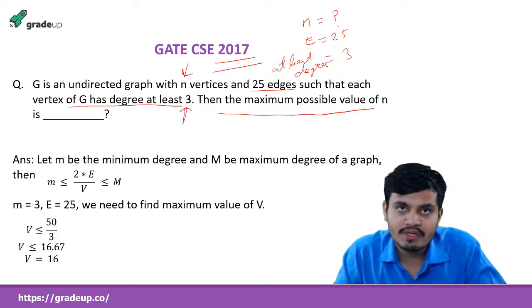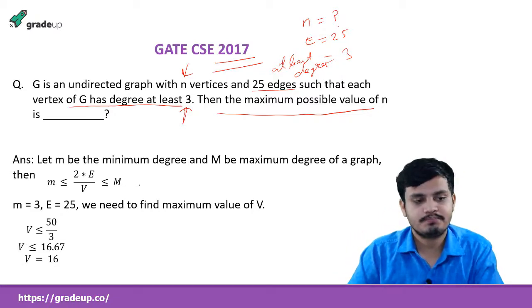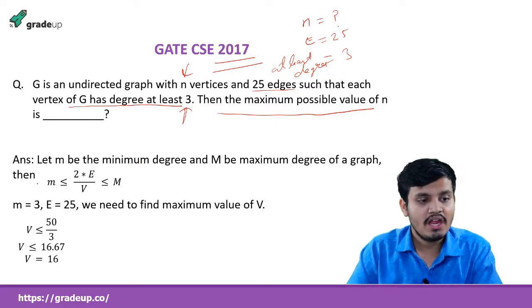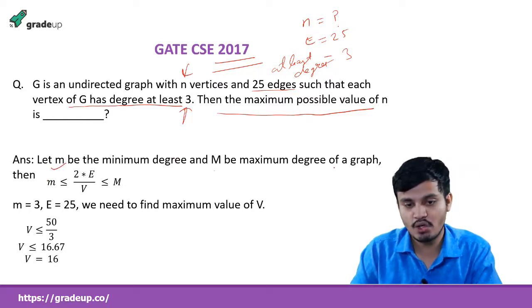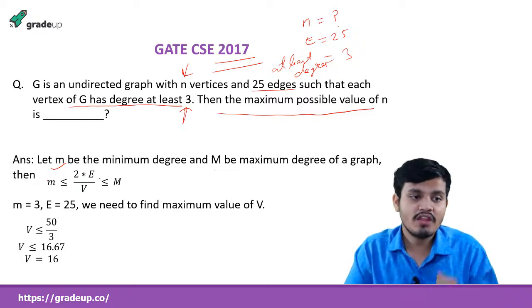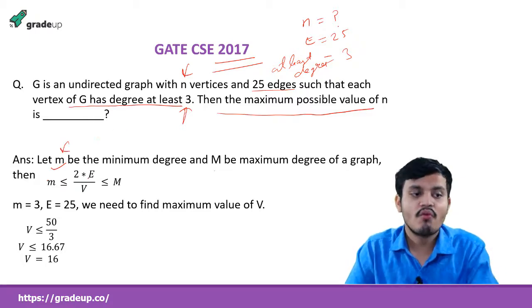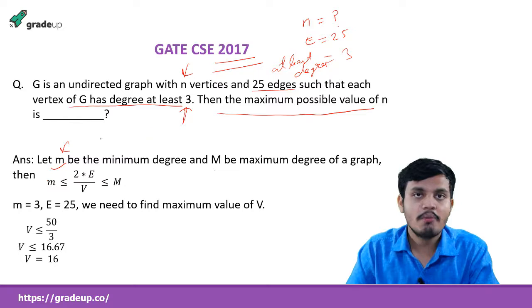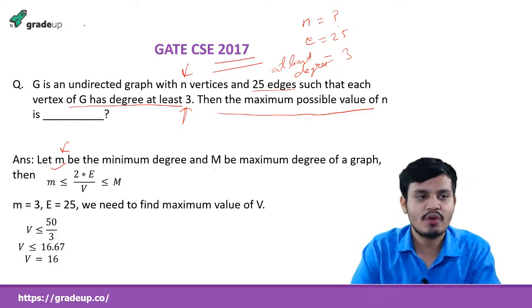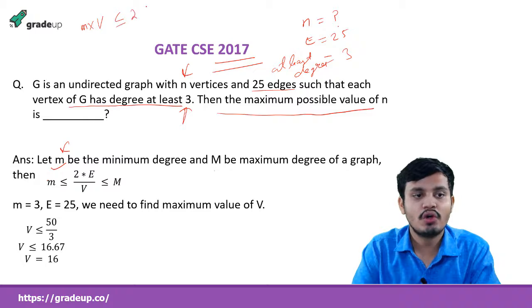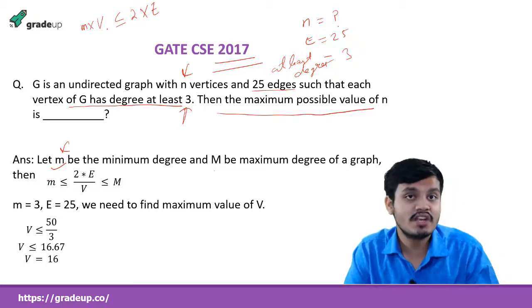Now how will you solve it? See this. Let m be the minimum degree and capital M be the maximum degree of a graph. If I assign the minimum degree to each vertex, what will happen is that m into v will be less than or equal to 2 into e.